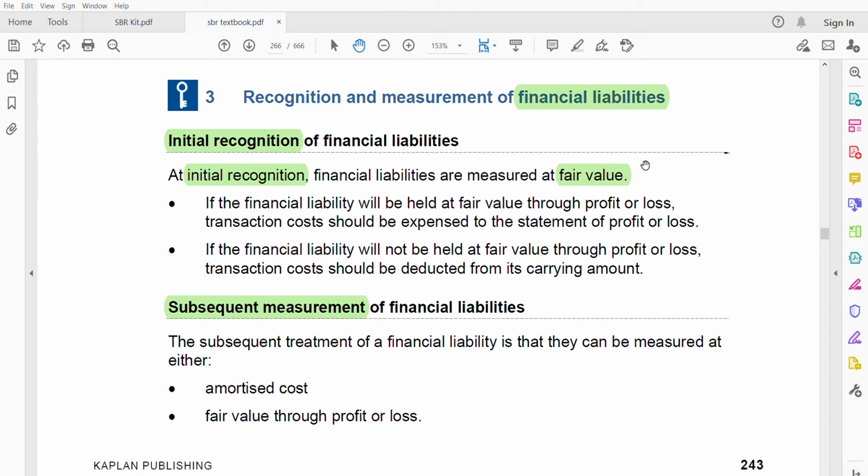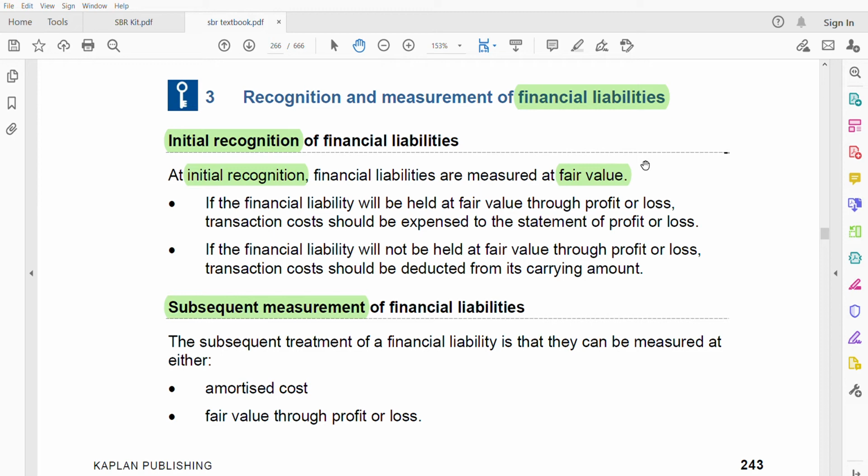So you can use that here for IFRS 9. This fair value will be interlinked with so many standards, don't worry about it. So initially you recognize that fair value. That's one good thing, that most of the things are measured at fair value, so it's easy for you to remember. Whatever standards you go, you know that it is measured at fair value.